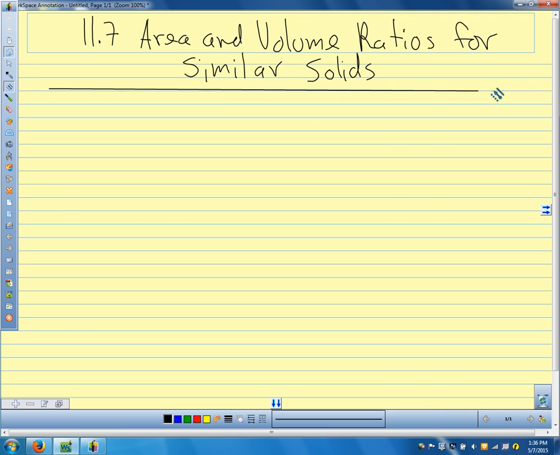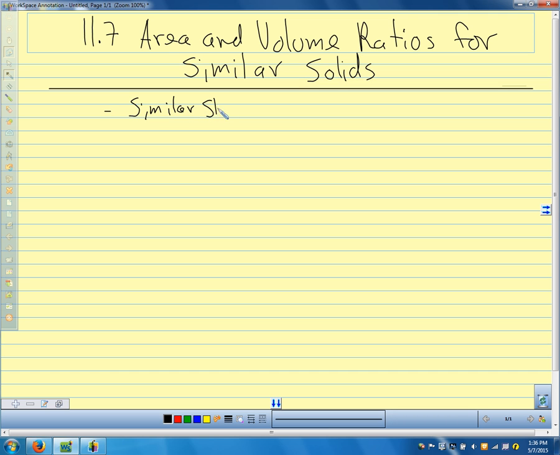So let's remember how we decided if things were similar. What is our everyday definition? What has to be true about our shapes for them to be similar?